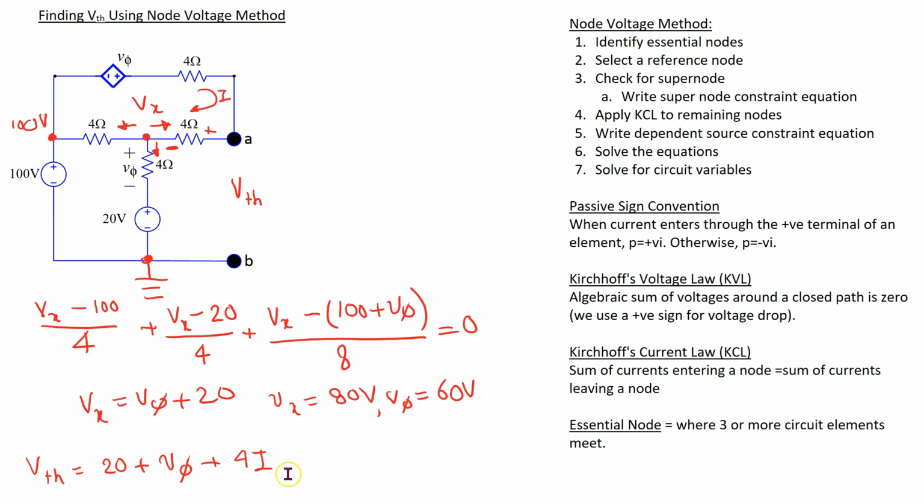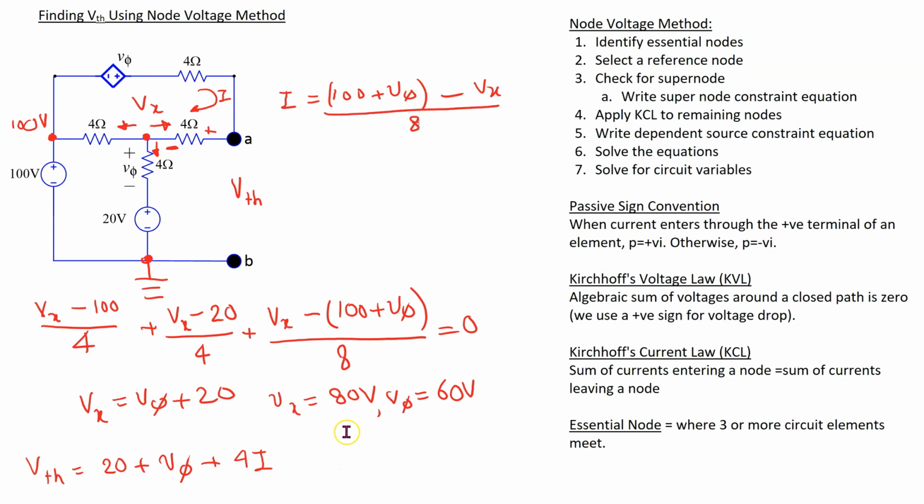Now this current I we can find by applying Ohm's law to the series combination of these two 4 ohm resistors. So this current I can be written as voltage at this side, which is 100 plus Vφ, minus voltage at this side, which is Vx, divided by 8.